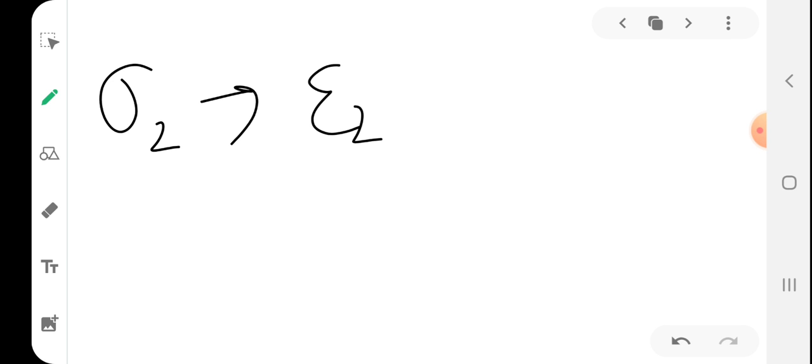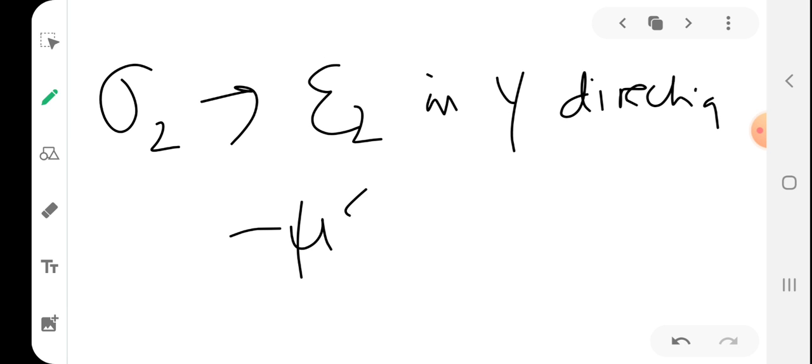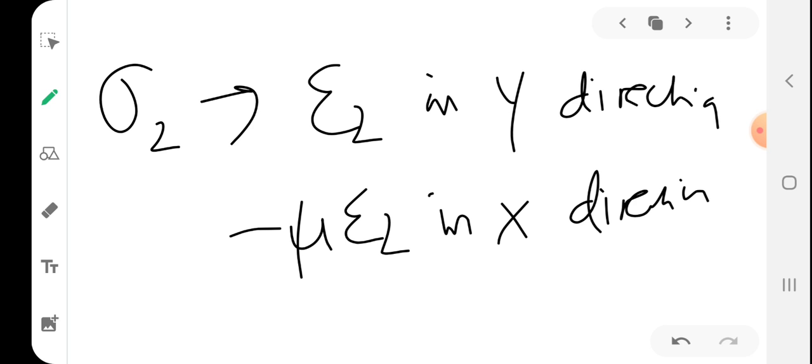Okay, similarly due to sigma 2, an epsilon 2 in longitudinal, meaning in the y direction, and minus mu epsilon 2 in the x direction, right?